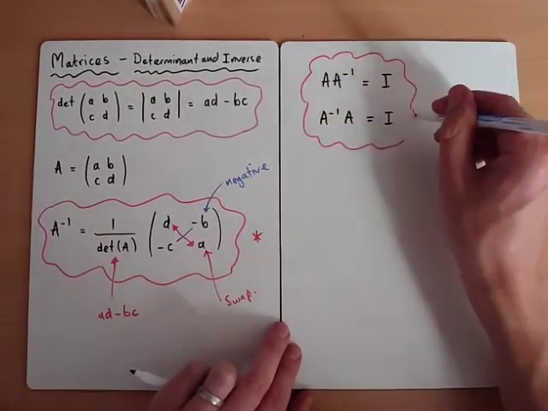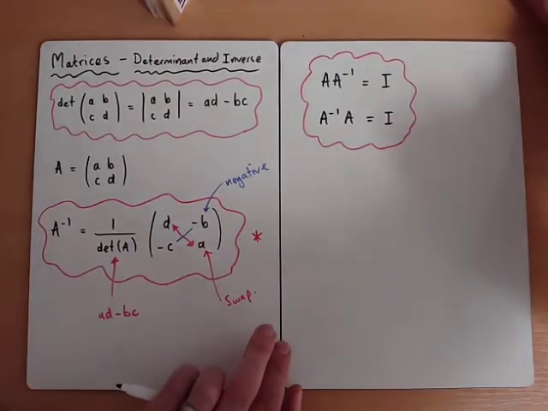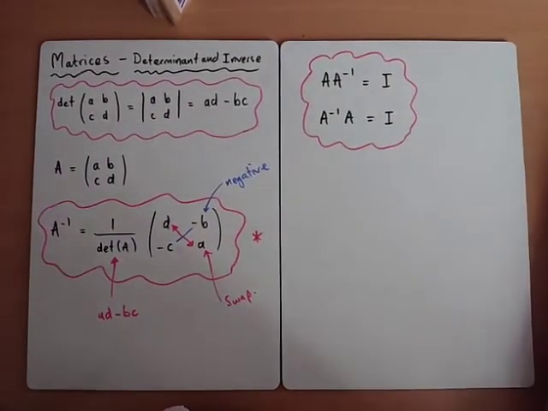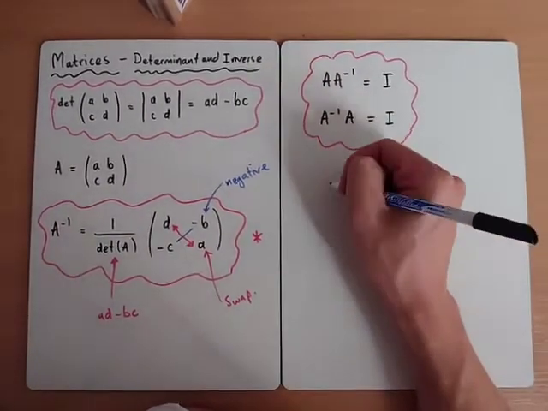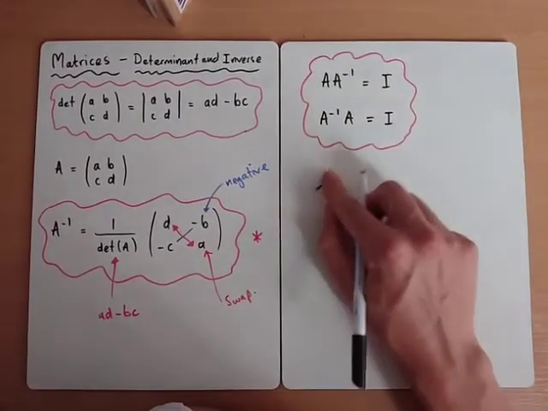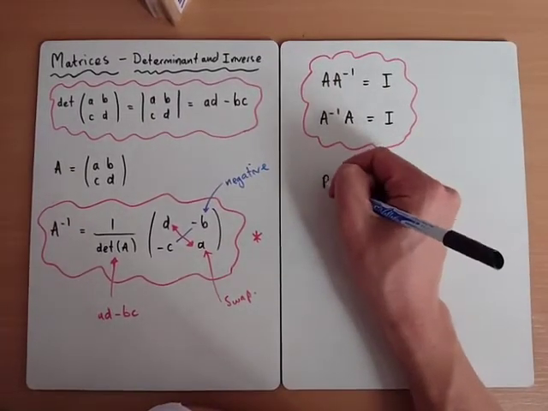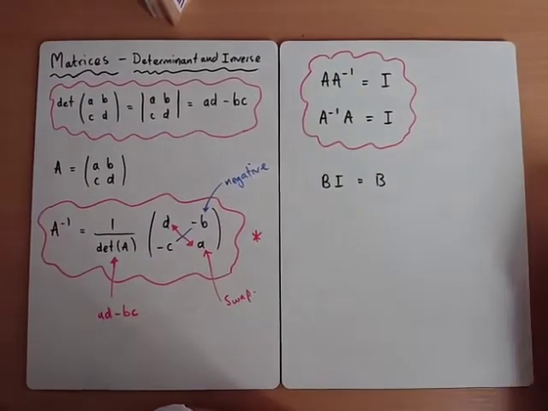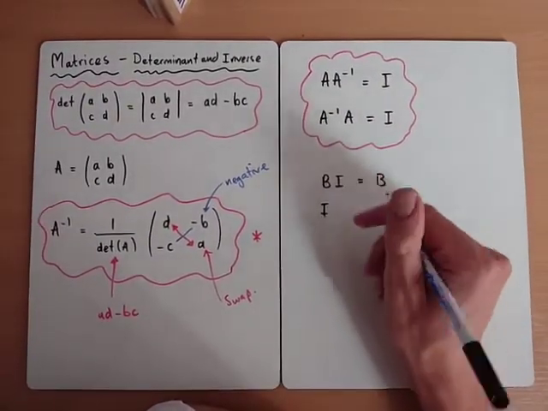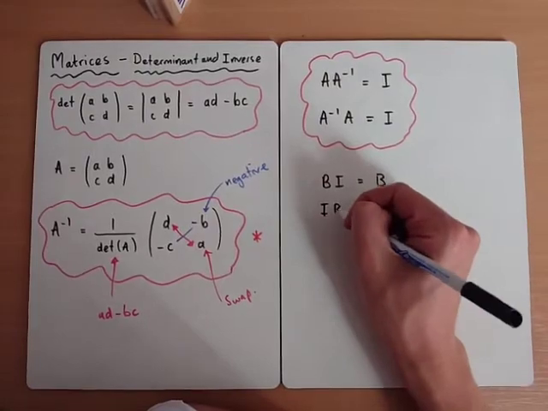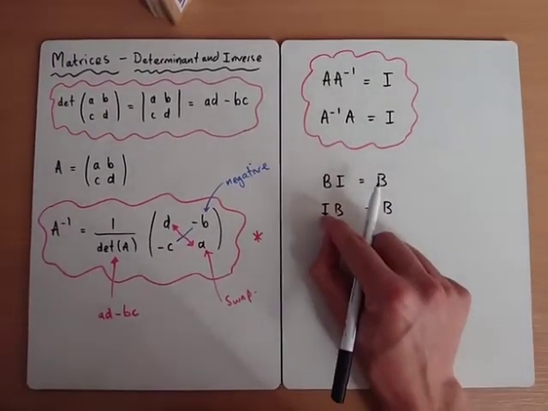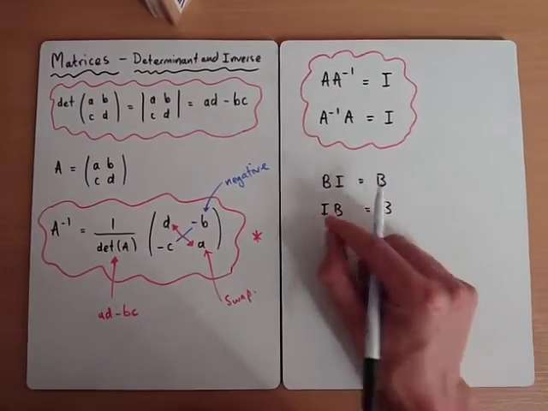The way to think about this is that the identity matrix is the one matrix that doesn't change anything. If I did B times the identity matrix, the answer would still be B. If I did the identity matrix times B, I also end up with B. The identity matrix is like matrix speak for let's just leave stuff the same.